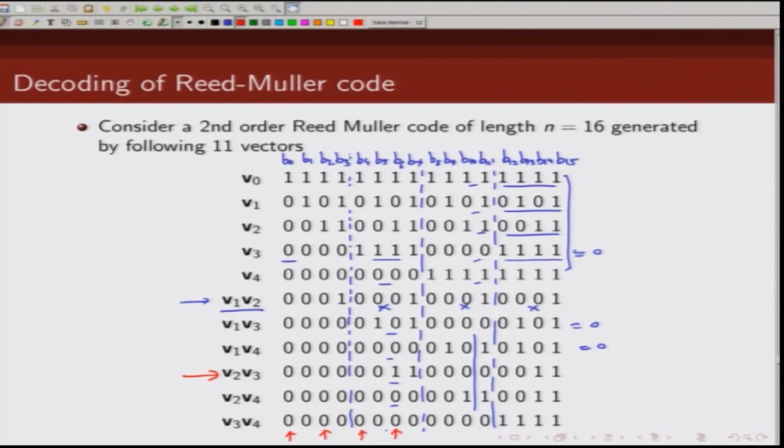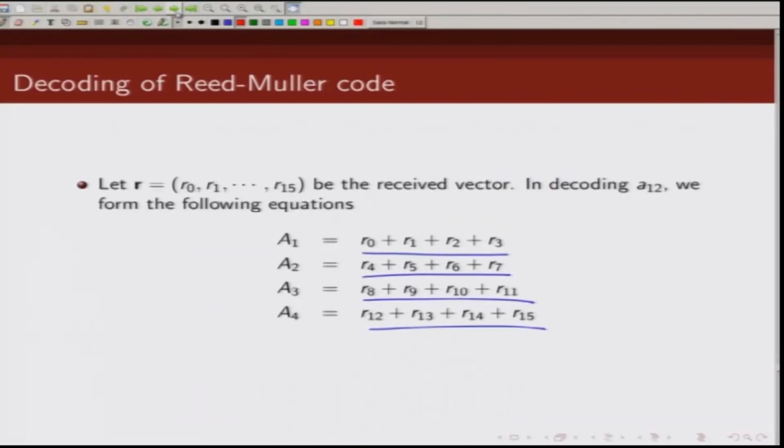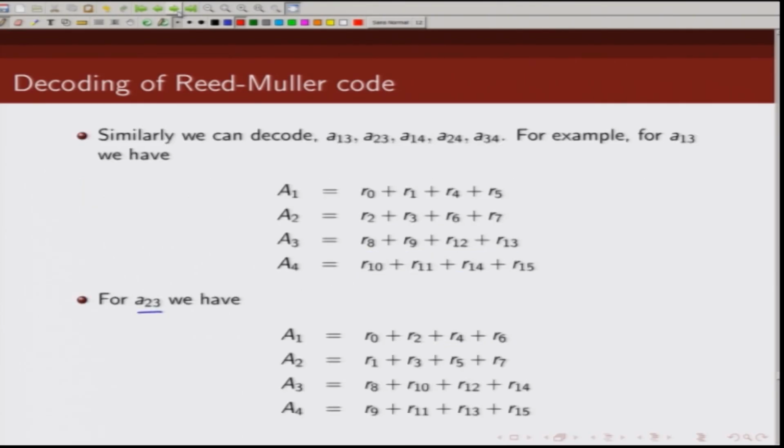So, you can see all rows will give me 0 except this particular row, and same thing I can repeat for the second row, 4th row, 6th row and 8th row. I will get the same information.